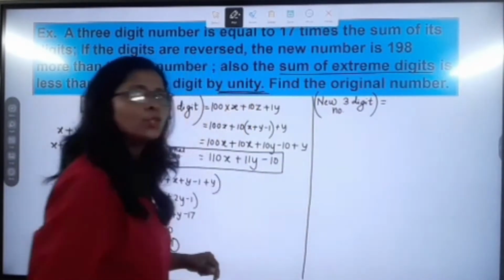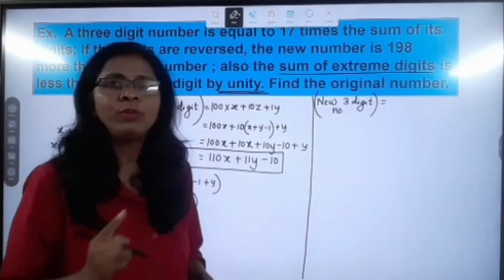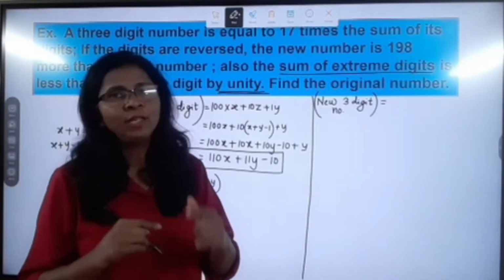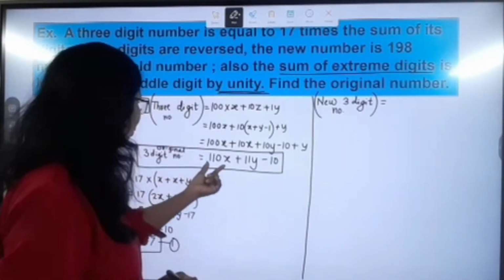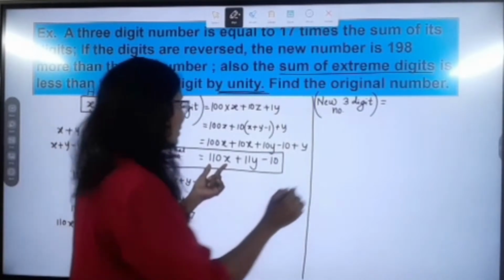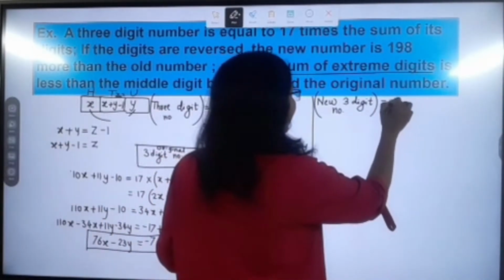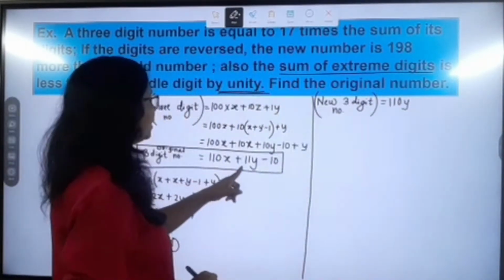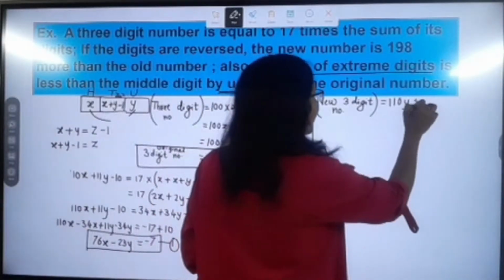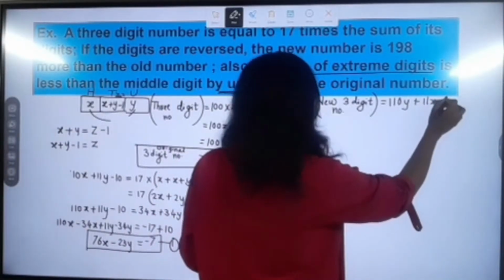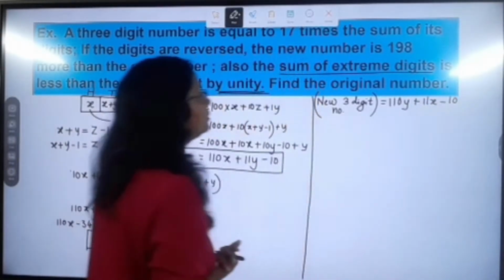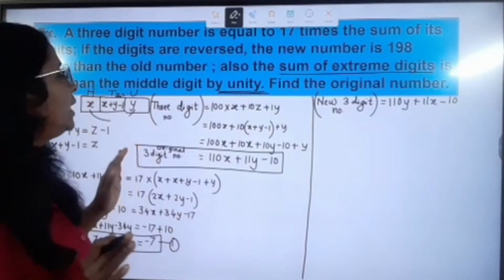That means at the place of x we write y, and at the place of y we write x. So the new 3-digit number will be 110y plus 11x minus 10. This will be the new 3-digit number.